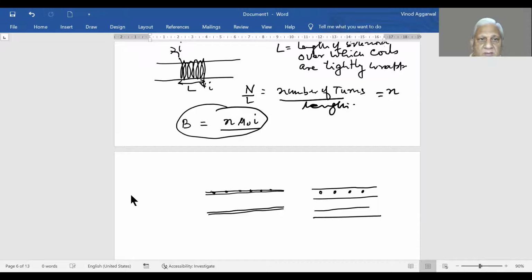If we cut the solenoid like this, then the conductors will be exposed. These are coming out of the plane of the paper, and these are the conductors which are going into the plane of the paper. Okay.